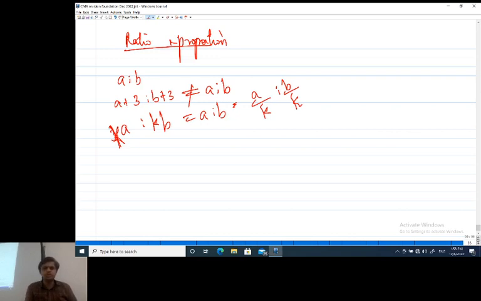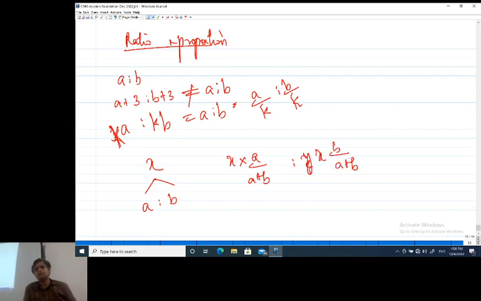Now you are given a quantity x to be divided in the ratio A is to B. Then how will you divide? You will say x into A by A plus B is to x into B by A plus B. This is how you will split a given quantity in a given ratio. As far as ratio is concerned, this is all.